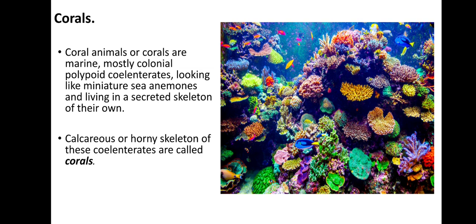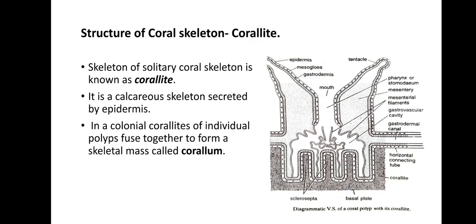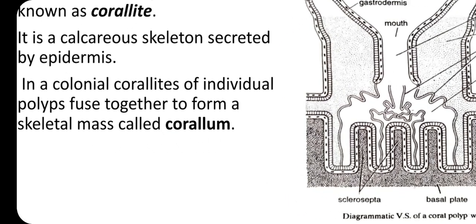Now let's see exactly how these corals are formed. When I say coral, I'm repeating again, it is an exoskeleton around an animal's body. Most of these corals are secreted by one particular class of coelenterata, that is Anthozoa.